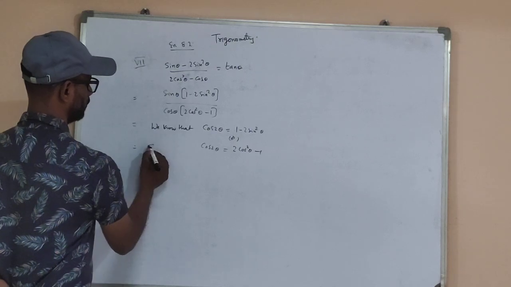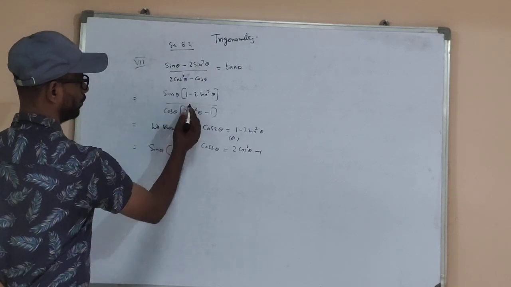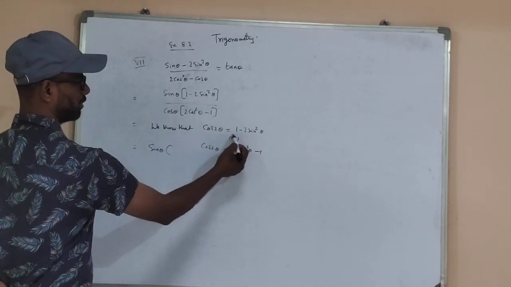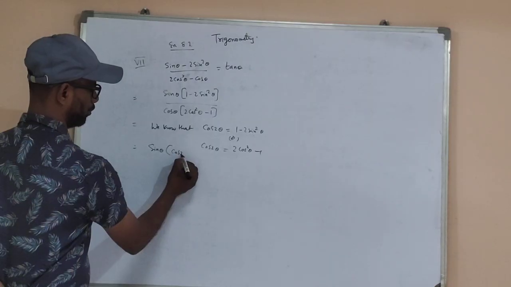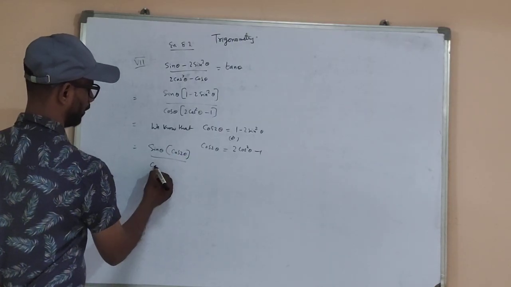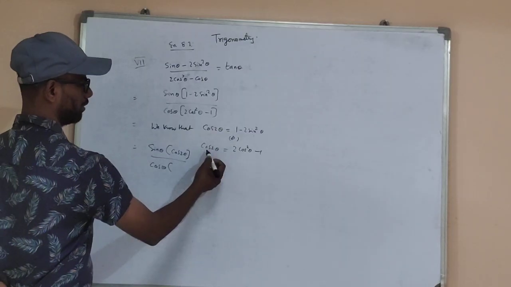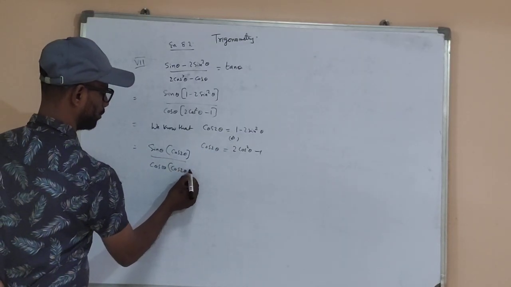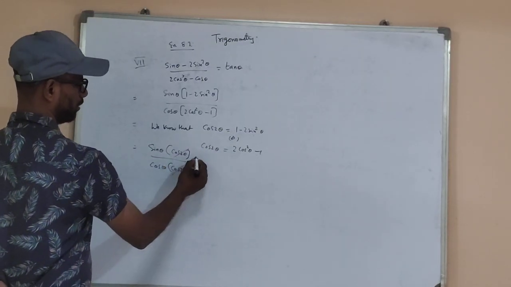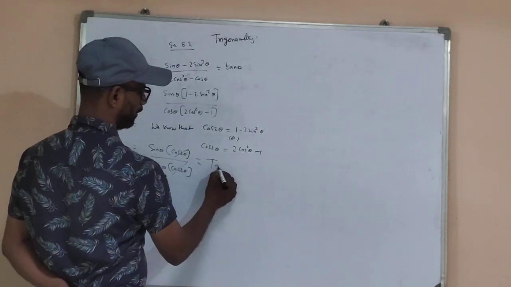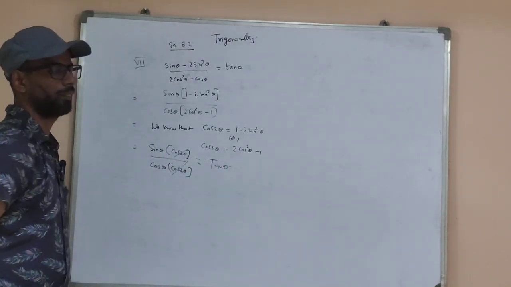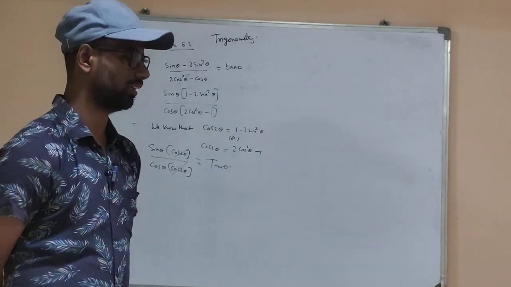So that is equal to sin theta into 1 minus 2 sin square theta, which is cos 2 theta, by cos theta into 2 cos square theta minus 1, which is again cos 2 theta. So both get cancelled. Sin theta by cos theta is finally tan theta.